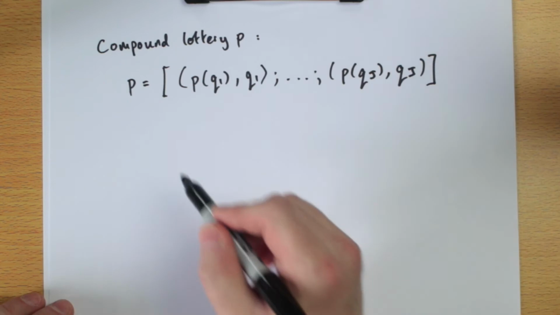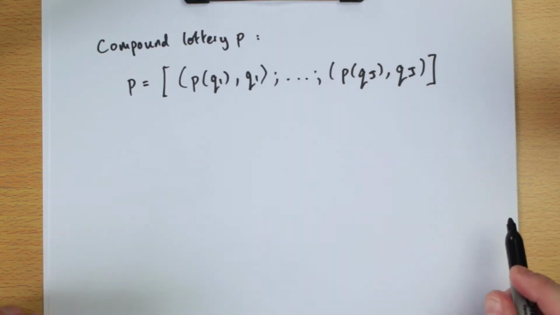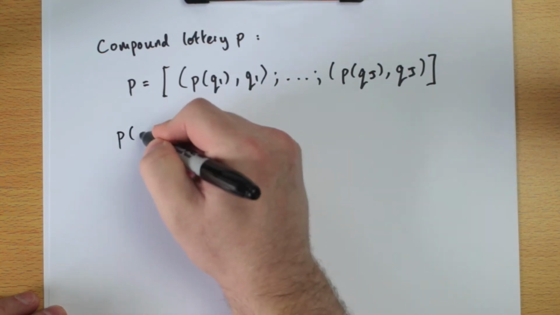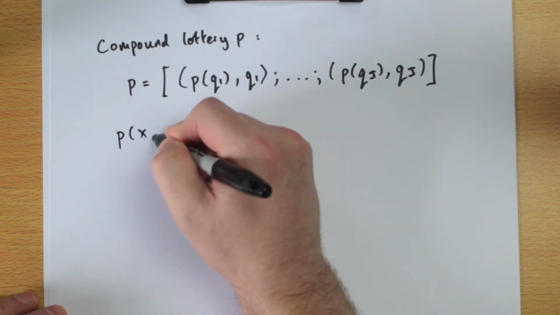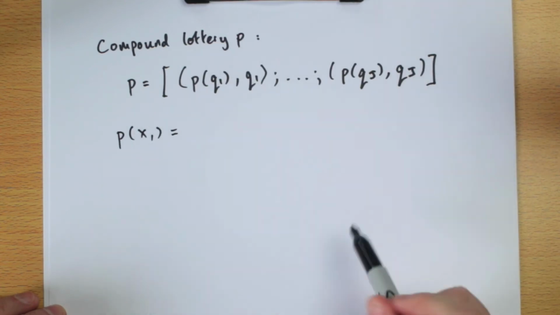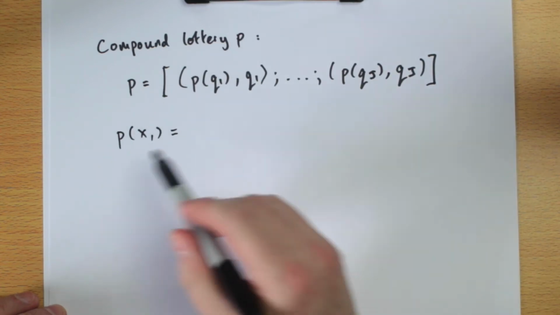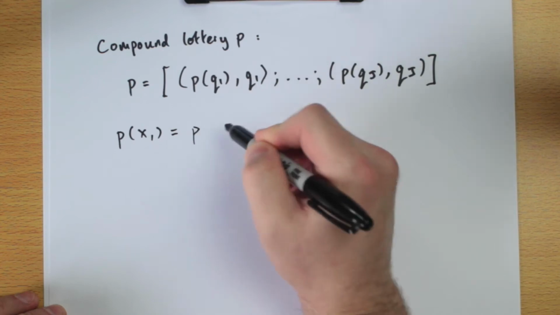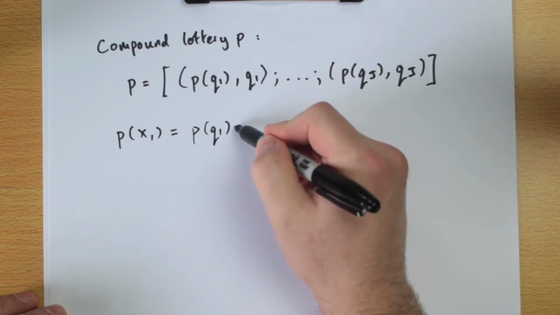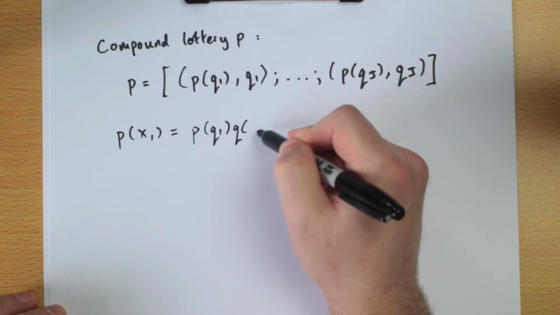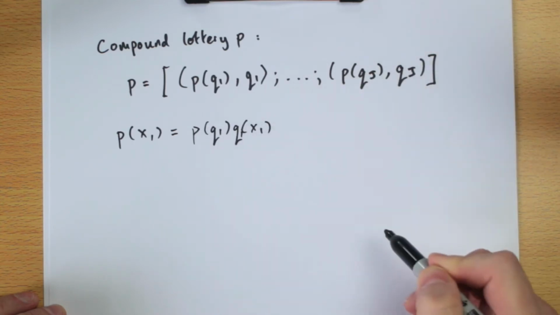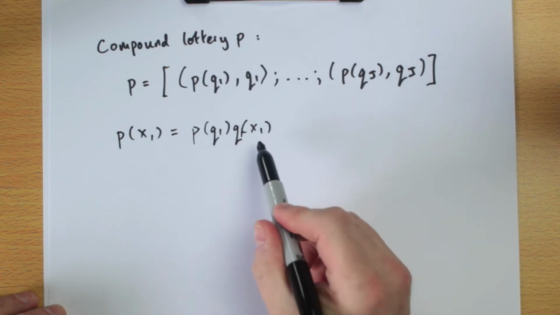You could actually think with a compound lottery, just use probability calculus to say, what's the probability of a particular outcome, say x1, under this compound lottery? With some probability p(Q1), I get the lottery Q1, and so I multiply by the probability Q1(x1) of getting prize x1. So that's one way I could get prize x1.